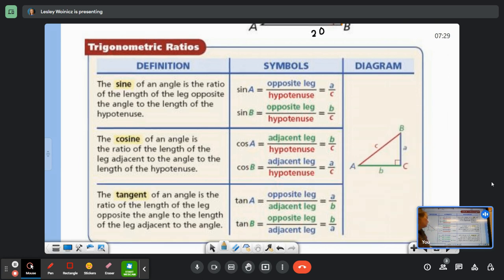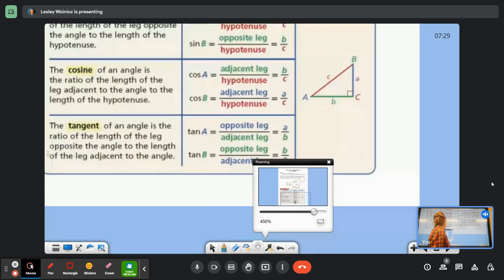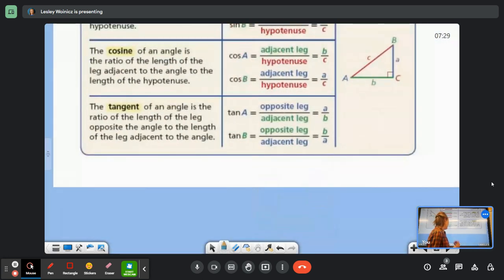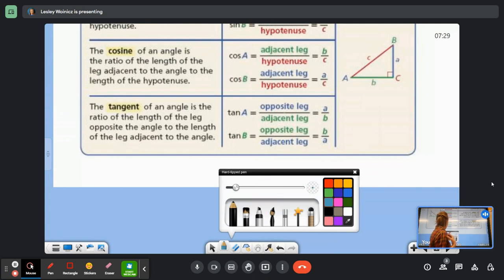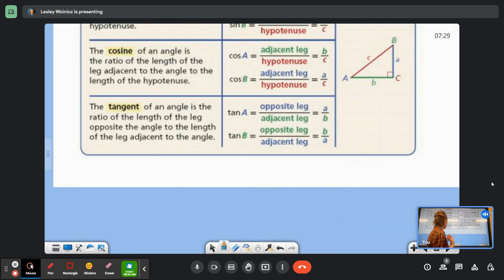Now, what might help you, and you've probably seen this on math classroom walls and wondered what the heck is that, to help you remember this, you can think of SOHCAHTOA.